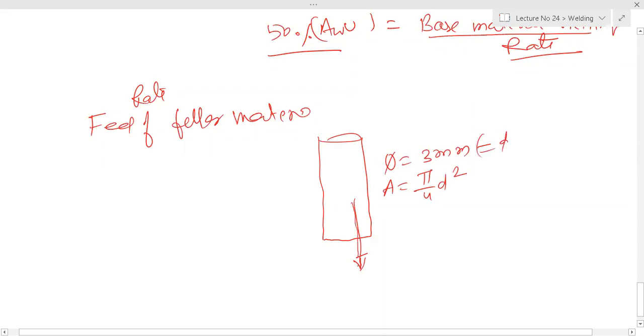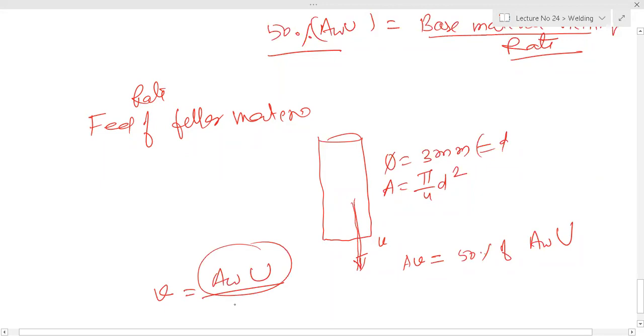It is to be fed with some velocity, suppose small u. So feed rate will be equal to A u, and that must be equal to 50% of AW U, capital U. So u equals AW U divided by pi by 4 d square, with the 50%, where d is your diameter of the wire.